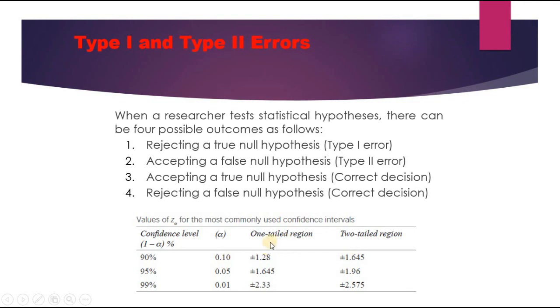For a one tail region, the limits are plus or minus 1.28 for 90%, plus or minus 1.645 for 95%, and plus or minus 2.33 for 99%. If it is a two-tailed region, it gets split: plus or minus 1.645, plus or minus 1.96, and so on. These are the values.